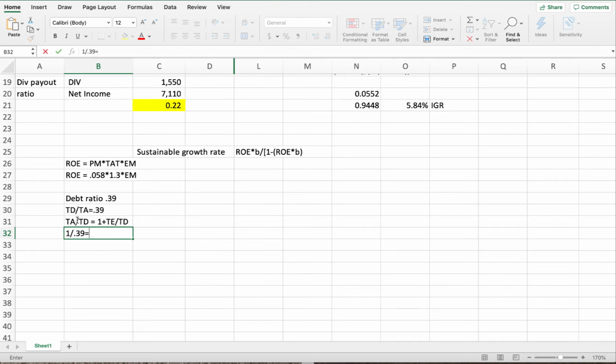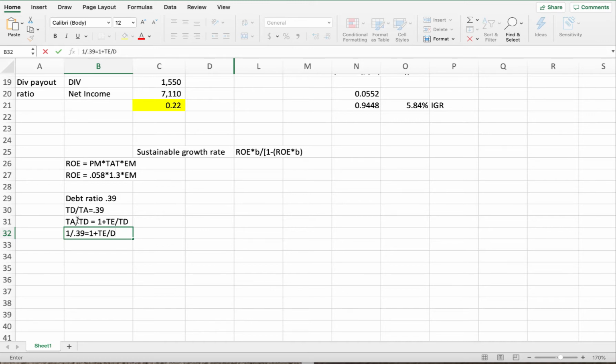But I need to recognize that I can't use total assets divided by total debt. I got to take that 1 plus the total equity divided by the debt. So we're subbing, right? So I'm going to say, I already did that, equals 1 plus total equity divided by my debt.